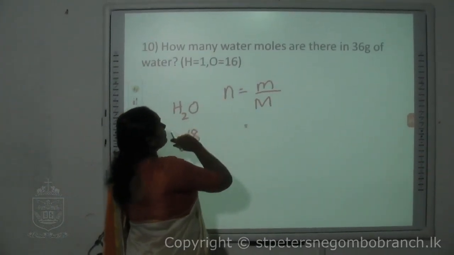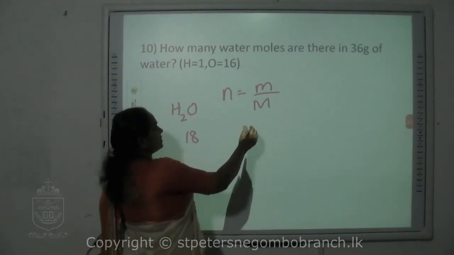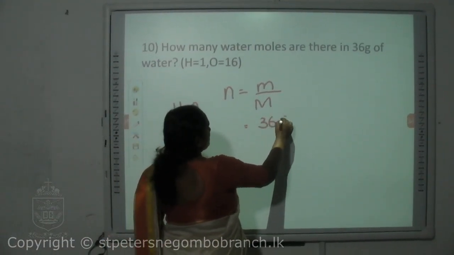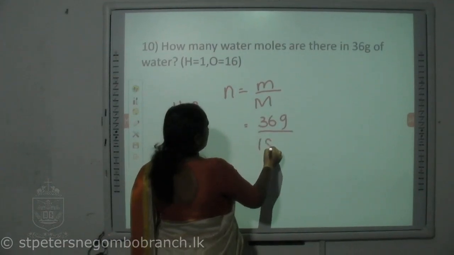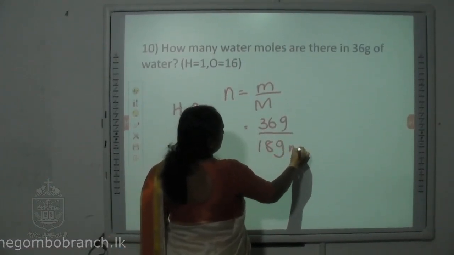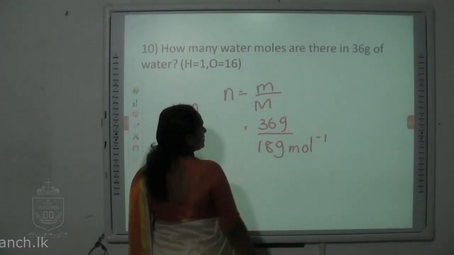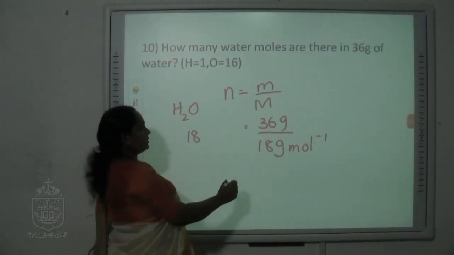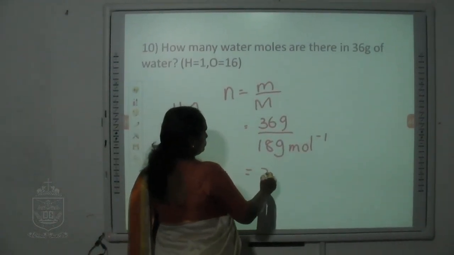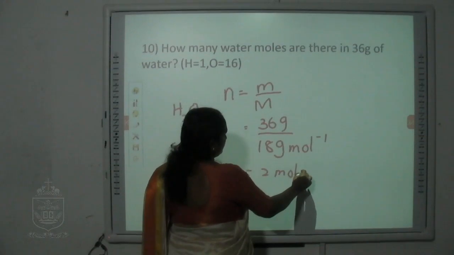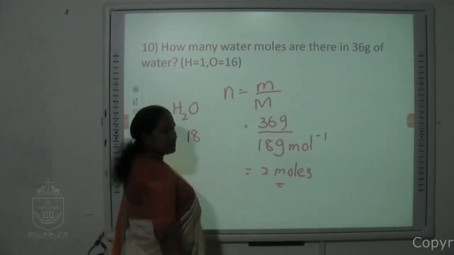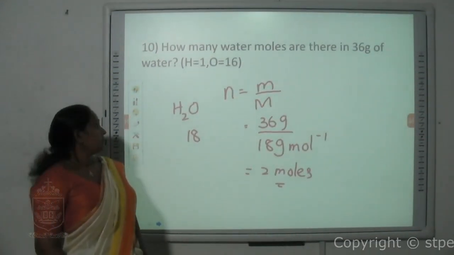Here we have 36 grams divided by 18 grams per mole. The answer will be 2 moles.